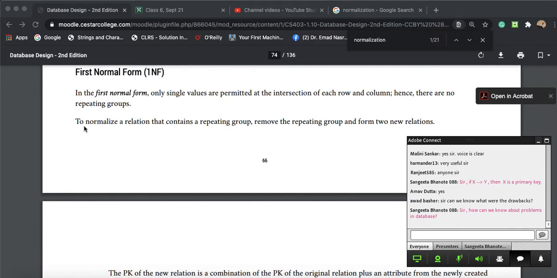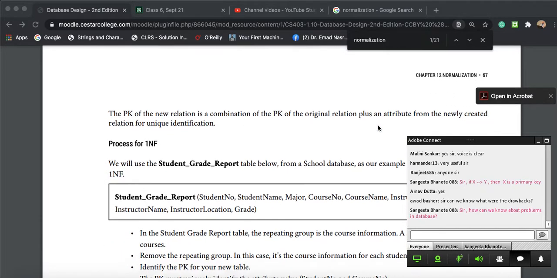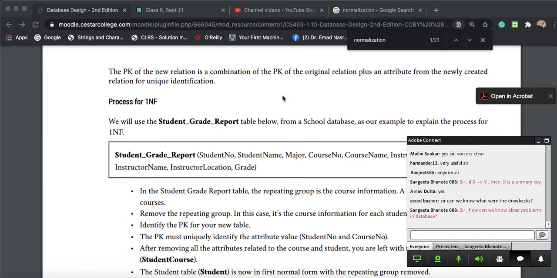To normalize a relation that contains a repeating group, remove the repeating group and form two new relations. Split. How to split? It's not random. The primary key of the new relation is a combination of the primary key of the original relation plus an attribute from the newly created relation for unique identifiers.